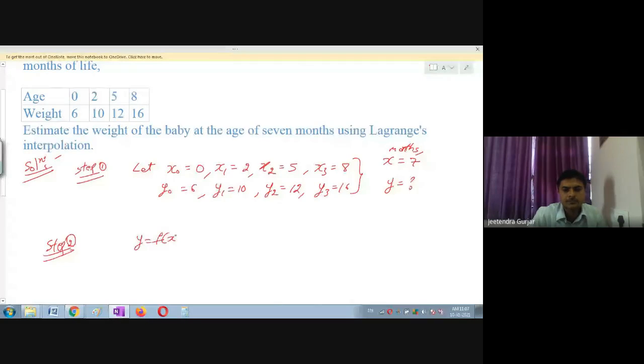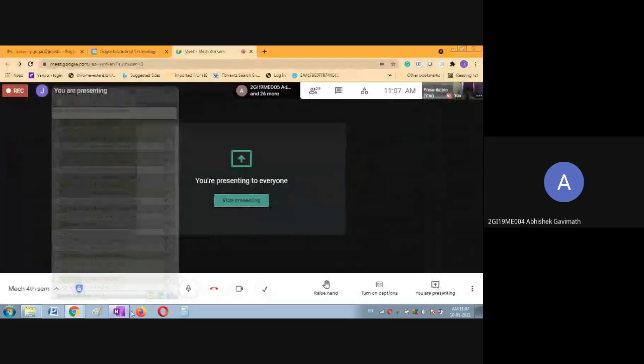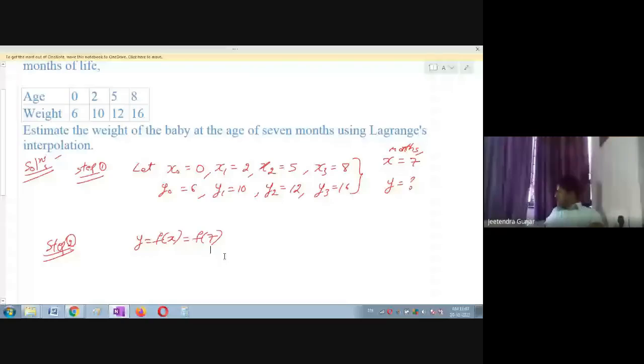Can anybody tell me now which formula I have to use? Lagrange's formula, not the inverse. Yes, very good. So I'm going to use Lagrange's formula.